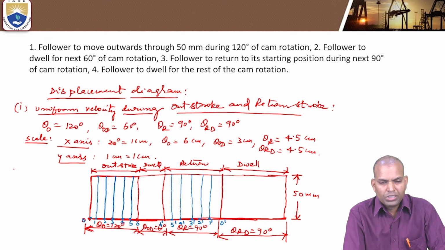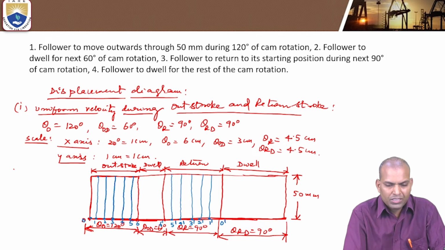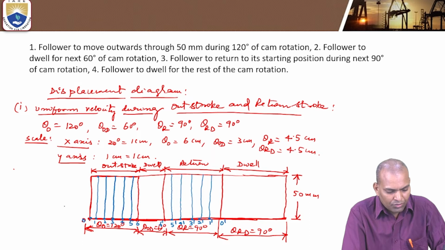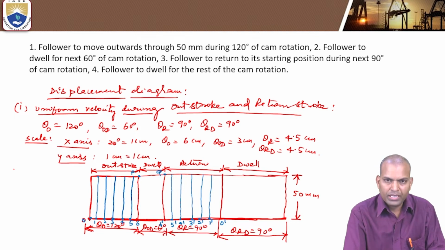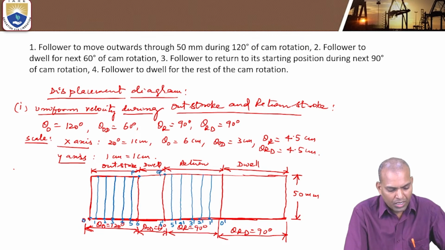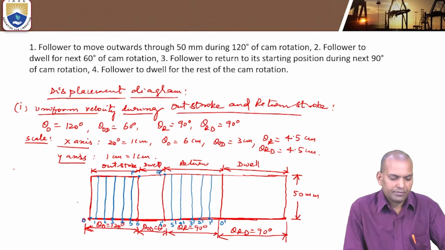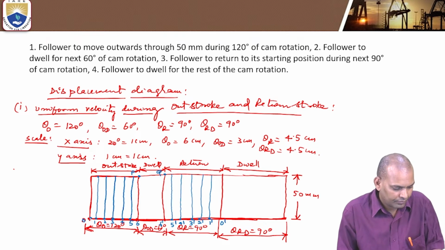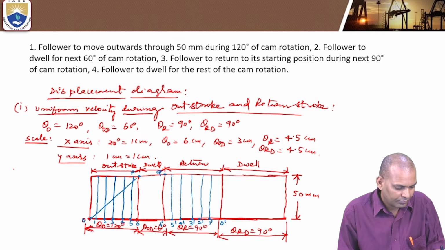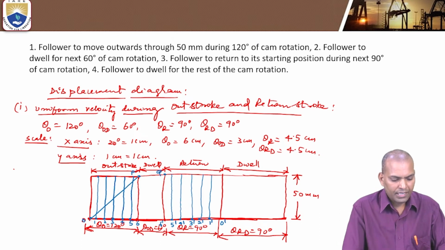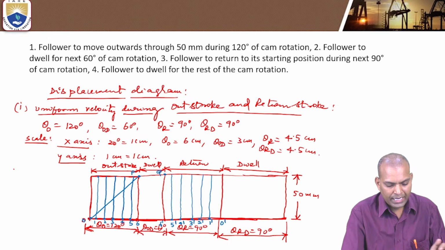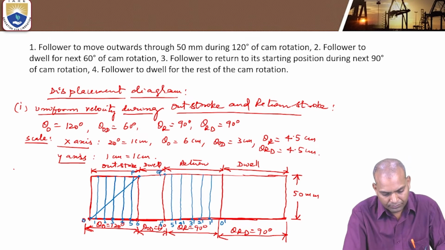The motion of the follower is uniform velocity. Uniform velocity gives a straight line. Suppose the starting corner is O, this top corner is P, this top corner is Q, and the end is O dash. So join O and P directly. It is a straight line. And next, join Q and O dash.